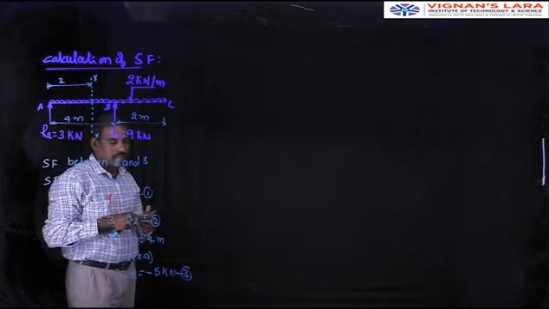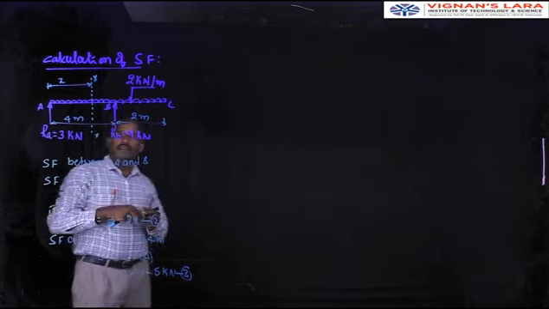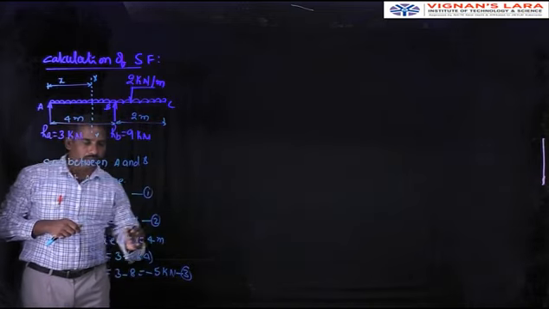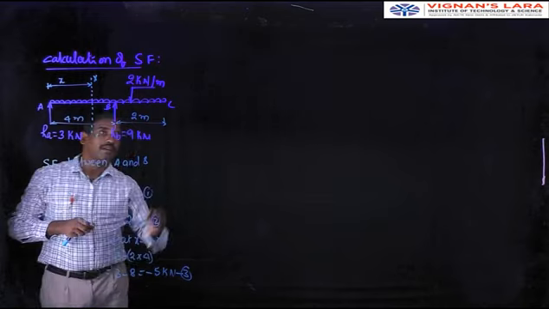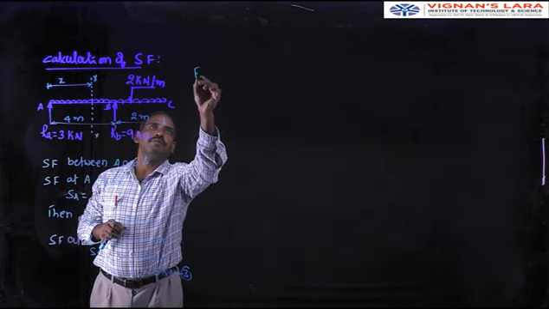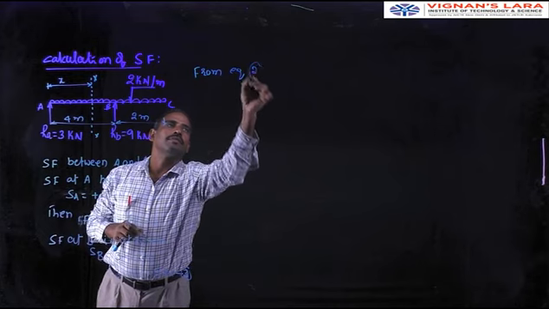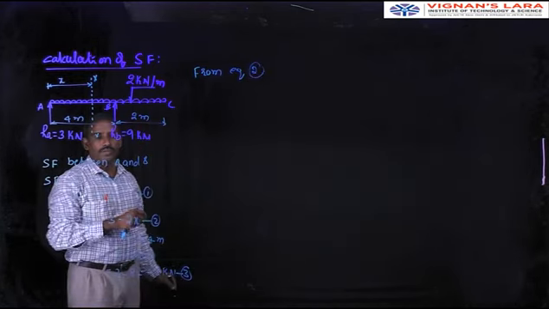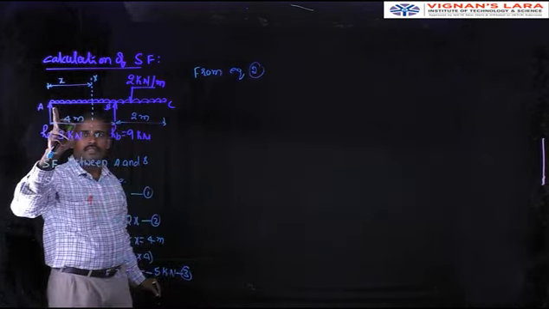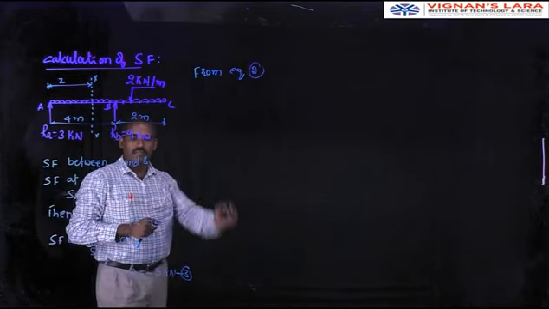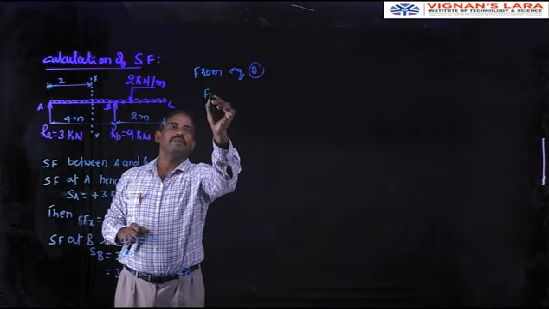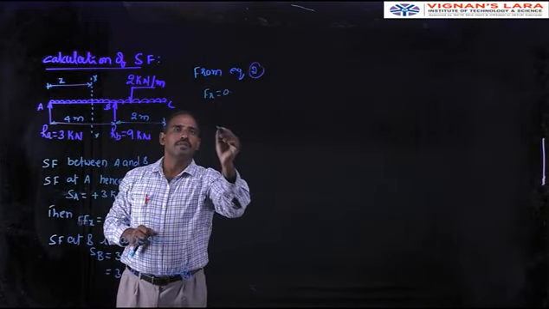So that's why there is an equation, represented by equation number 2. From equation number 2, the shear force is 0 between AB. At which point is the shear force 0? Simply substitute Fx equal to 0.